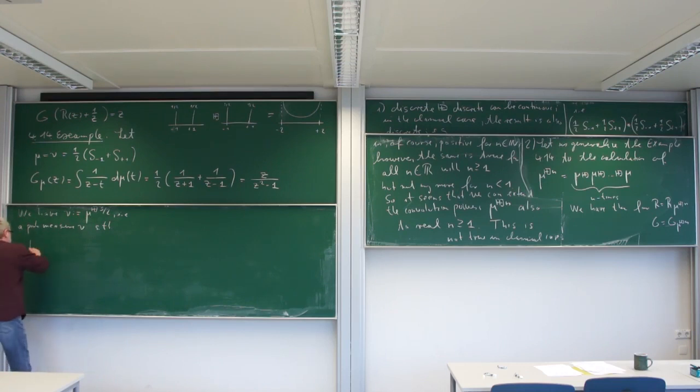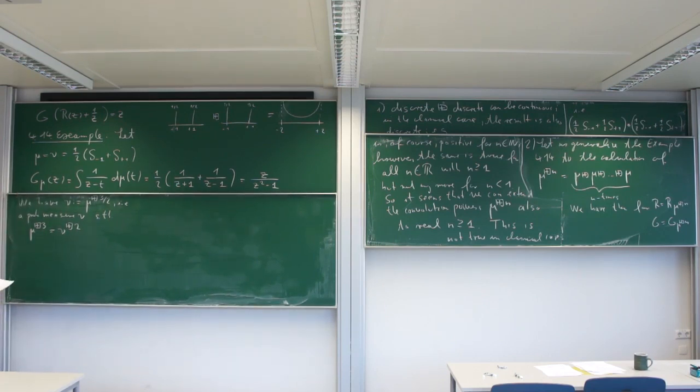So mu to the power 3 is the same as mu to the power 2. For natural powers, we know what this means: this is convolving 3 times, this is convolving 2 times. Another way, this is saying that this is this to the power 3 over 2.